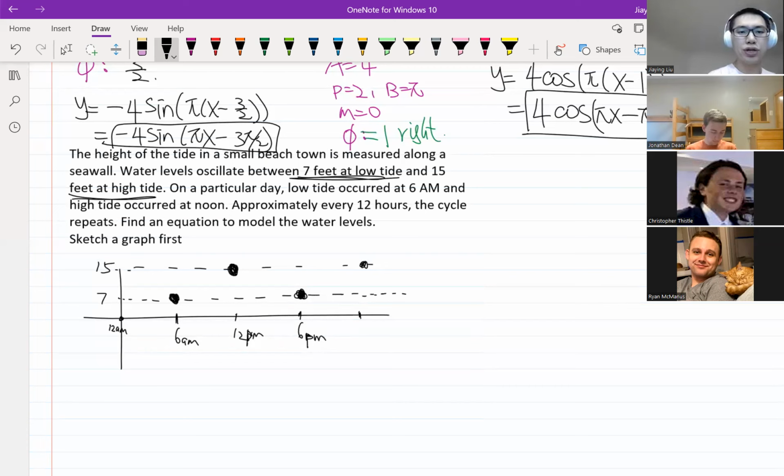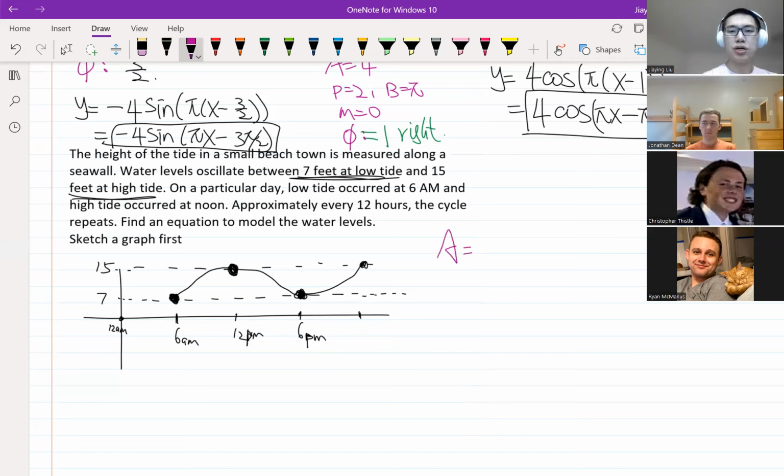So from here, you can just try to draw a graph, make it look like a sine. So that's what I meant by a quick sketch. And how do we write down the function? We can do that if we have all the different pieces. So first of all, we need to know the amplitude.